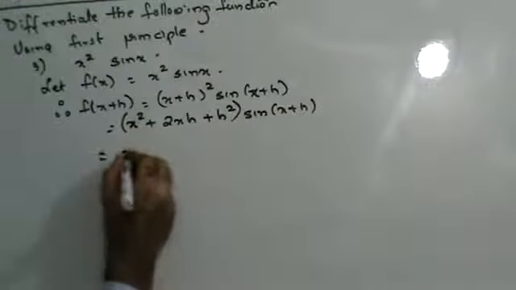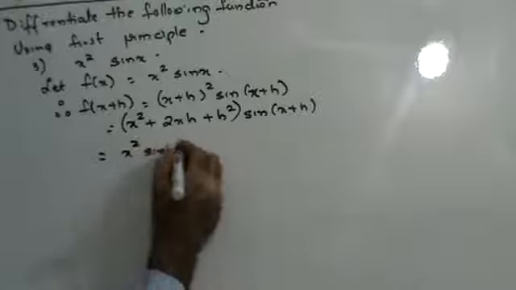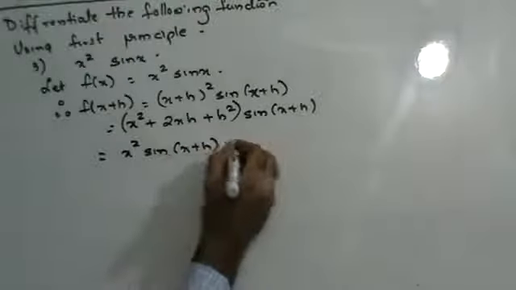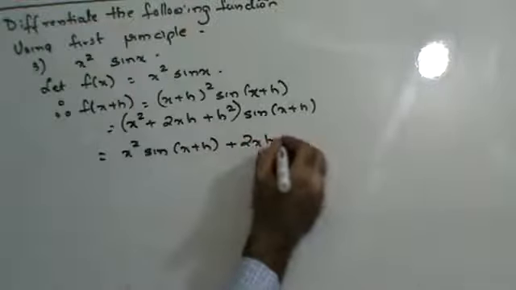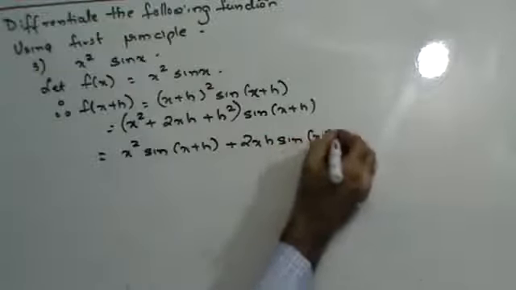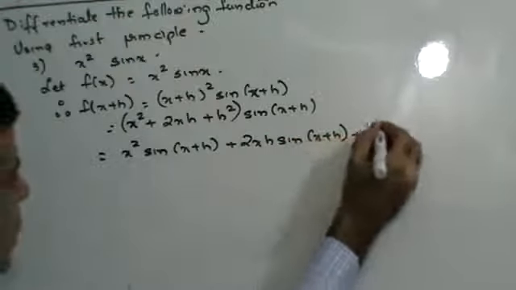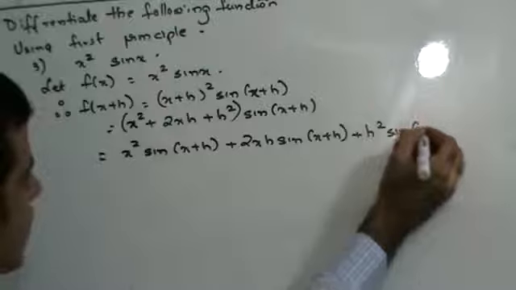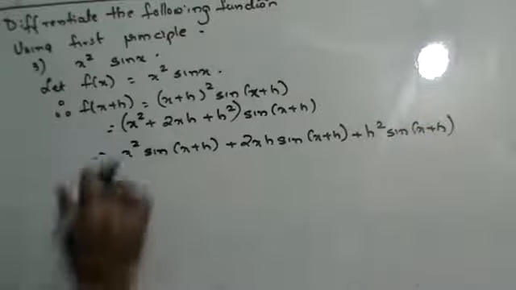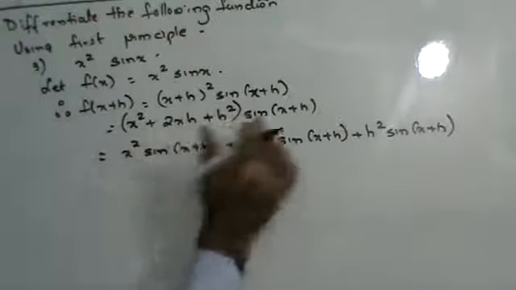Open the brackets and simplify. x square sin(x plus h) plus 2xh sin(x plus h) plus h square sin(x plus h). What am I doing? I am multiplying all the three terms with sin(x plus h).